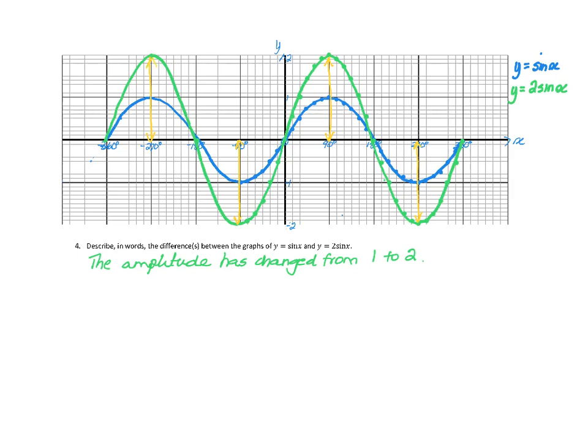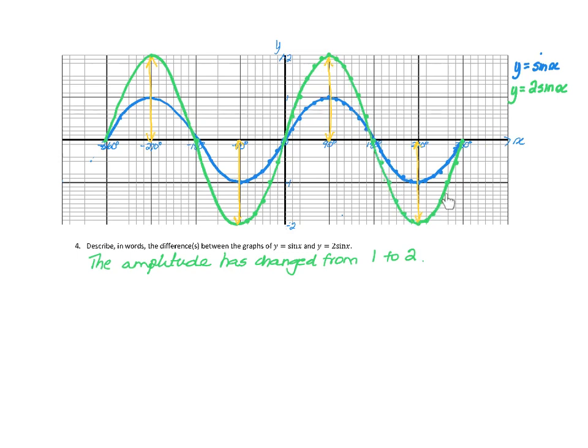In addition to looking at the difference between the two graphs, you should also look at the similarities. In the first instance, the green graph also has a period of 360 degrees. It's how long it takes to complete one cycle of the wave. And you can see from there to there is 360, and we start again.